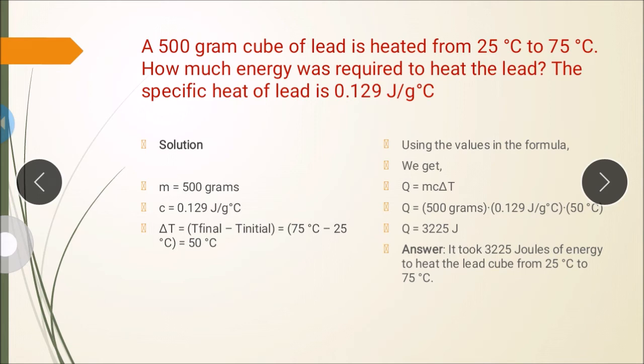Q is equal to 3225 joules. So what is the answer? It took 3225 joules of energy to heat the lead cube from 25 degrees Celsius to 75 degrees Celsius. So it took that much energy.